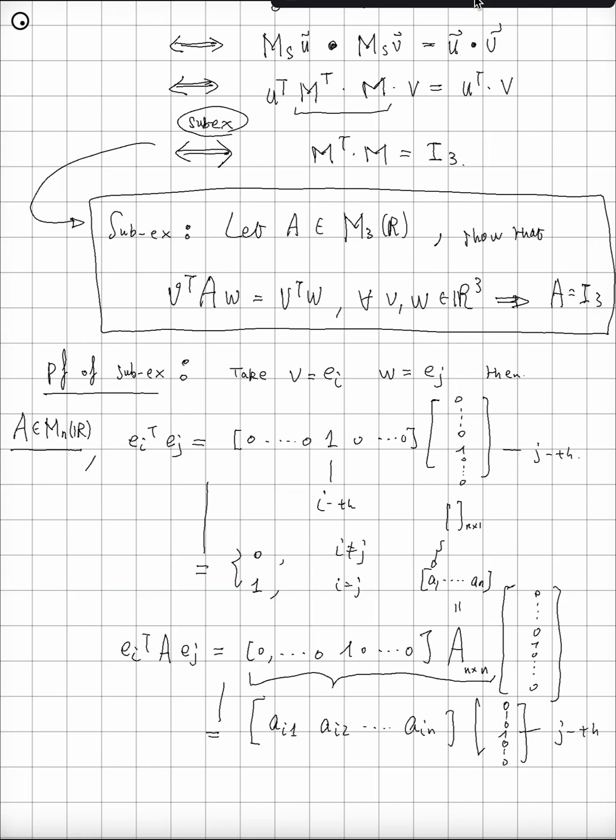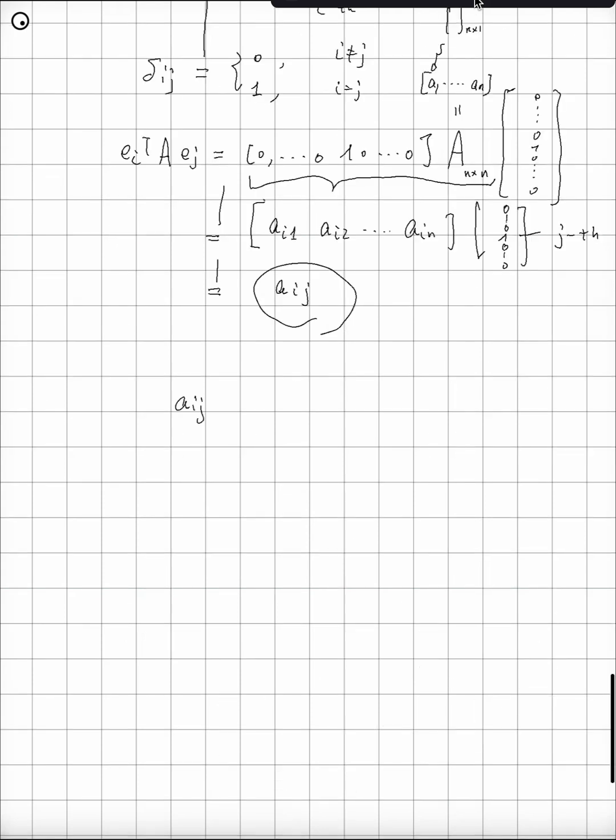j-th column, think of this as 1 by n by n by 1. So again, this cuts out this A_ij. So on the left hand side, you get A_ij. On the right hand side, you get this delta_ij, right? And this is telling you that A_ij equals 1 if i equals j, 0 if i is different from j.